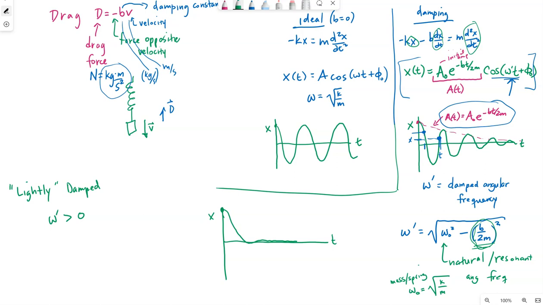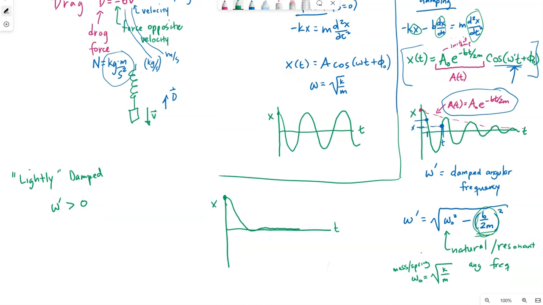Oscillations will occur. The amplitude will decrease with time, but the oscillations will occur for at least a short period of time. So these are the main equations we have for our system. I'll do a couple of examples as well.